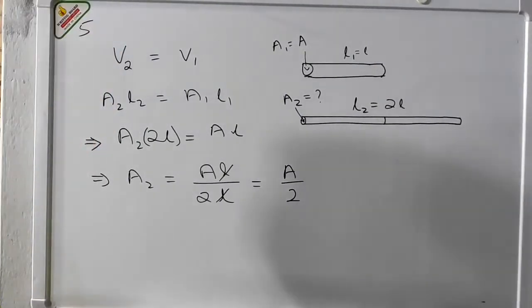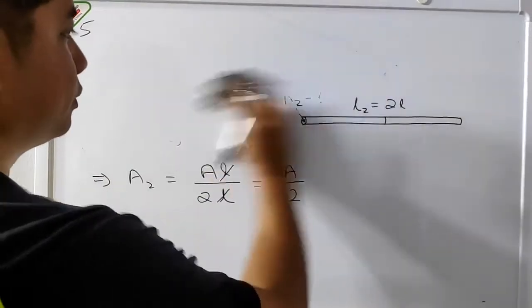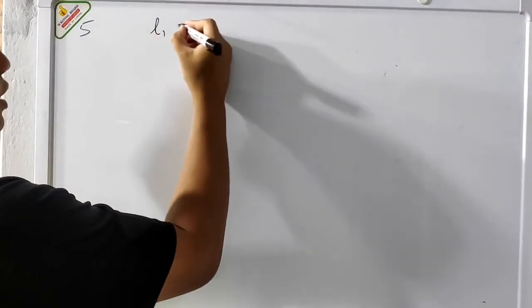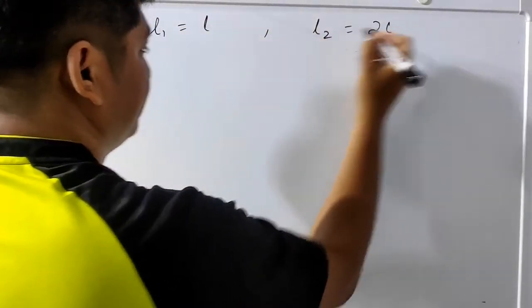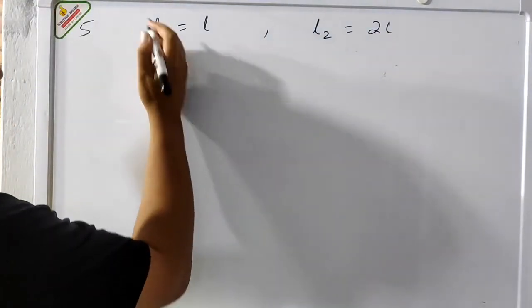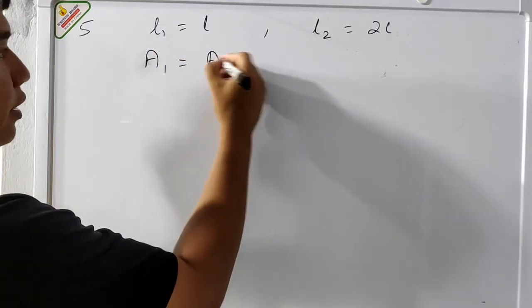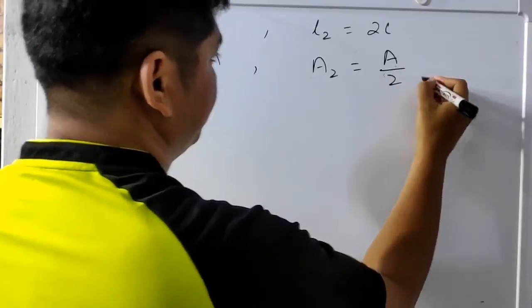Okay, so we can calculate the resistance. L1 is L, L2 is 2L, area A1 is A, A2 is A by 2.